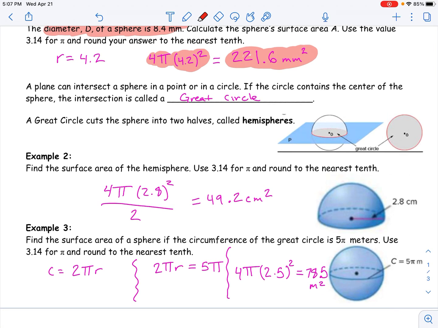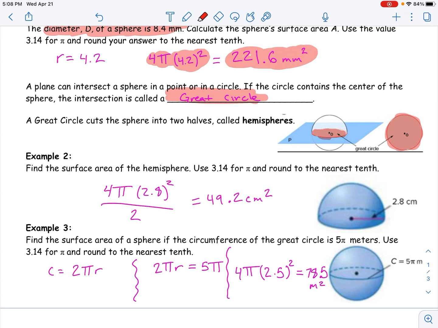Now they're going to give us another definition here of what's called a great circle. A great circle is basically if I were to cut a round object in half, right down the middle, my great circle would be that circle that's made. It's a two-dimensional shape, but it's a circle that's made right here that when you flip it up would look like this.